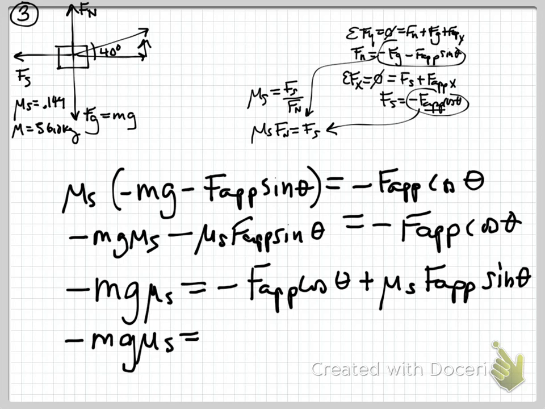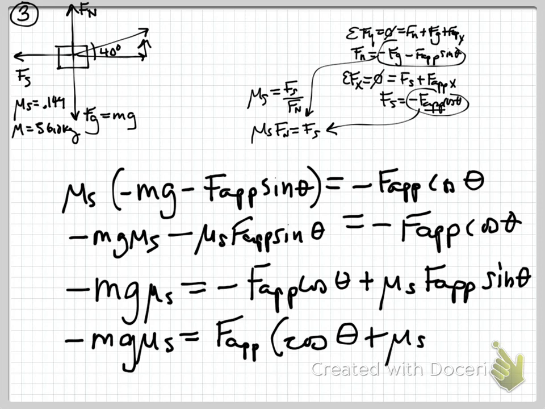Mu s. I'm going to factor out my F applied. So that times negative cosine, let's see, where did I lose? I lost something somewhere. No, I lost something else, but that's okay.